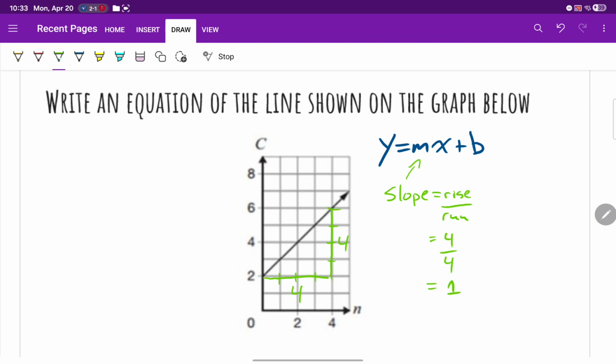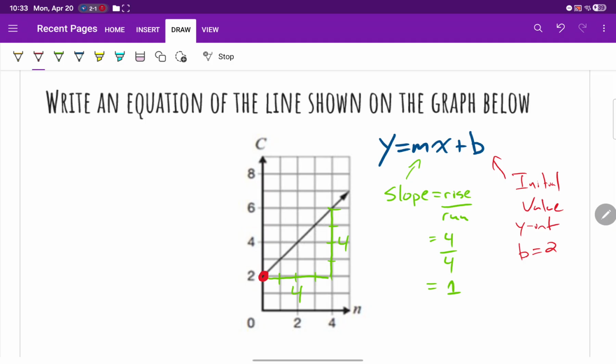And then our second thing that we need to determine always is the b value, which is my initial value, or my y-intercept, we've been calling it. And that's just your starting point. That's just equal to 2.